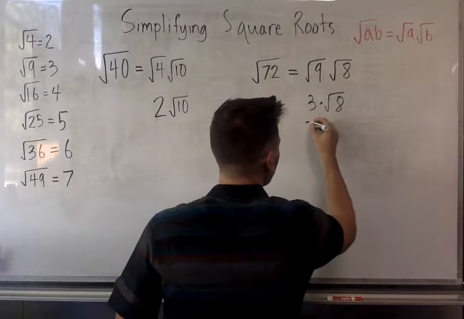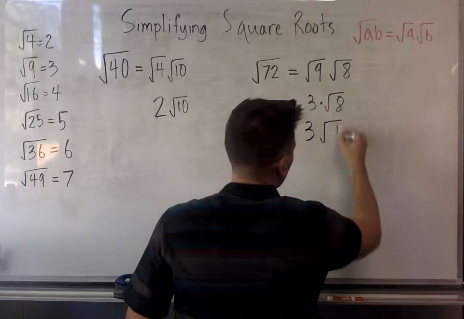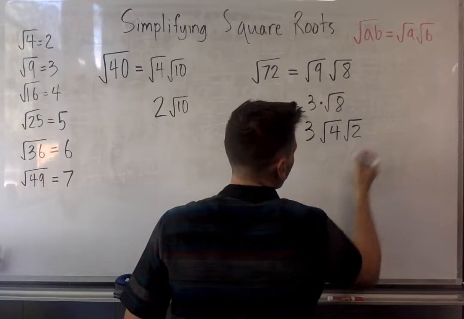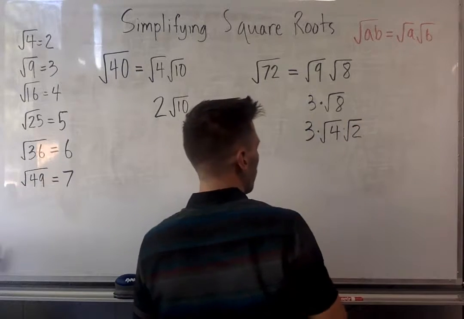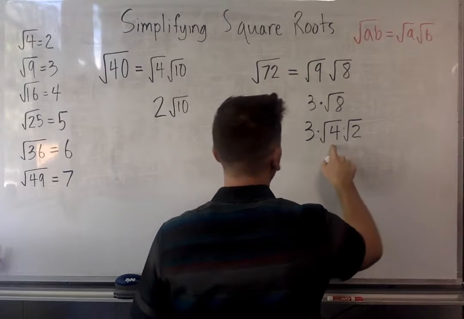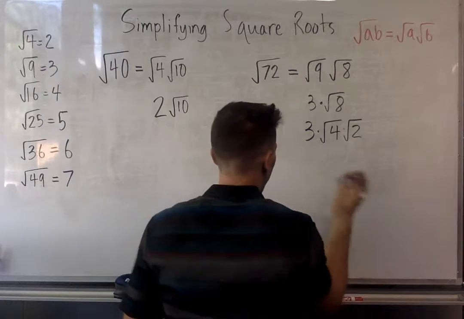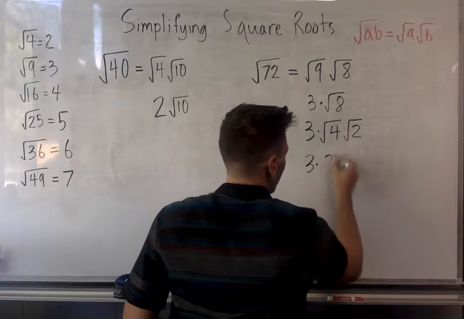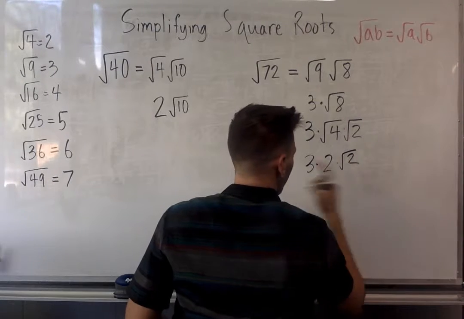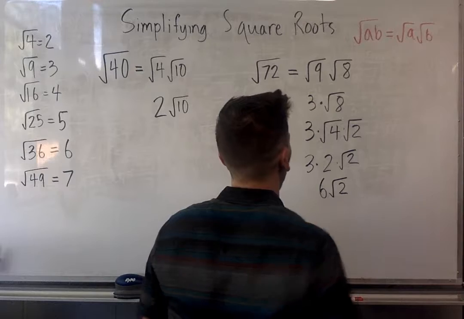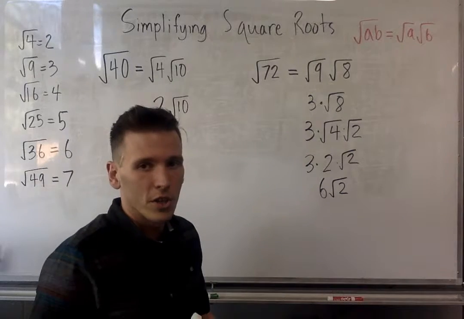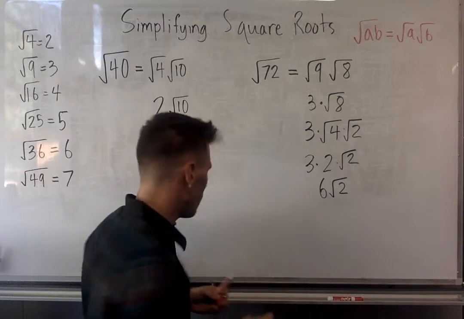So I can rewrite this as 3 times the square root of 4 times the square root of 2. One of these is a perfect square. 4 I can just swap out for its equivalent, the number 2. 3 times 2 times the square root of 2, which means this whole thing is 6 times the square root of 2. If you were on your toes, you would have seen that it didn't take 2 steps.